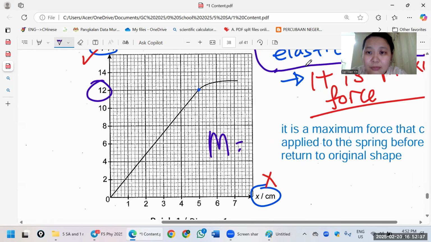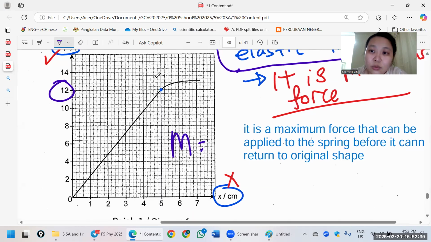For example, this is x2, y2, which is 5, 12. Then you find another point around here. It cannot be too small. If your gradient is too small, it is not accurate. So please make it larger.